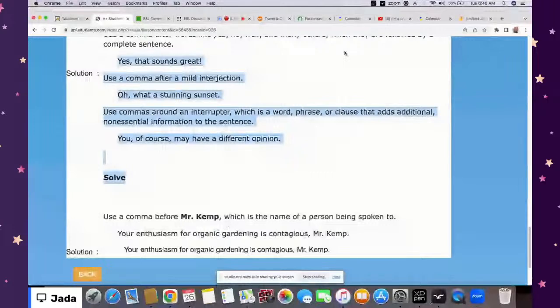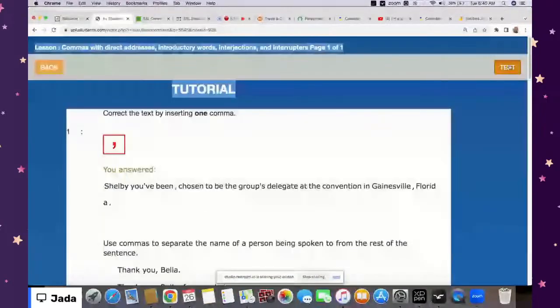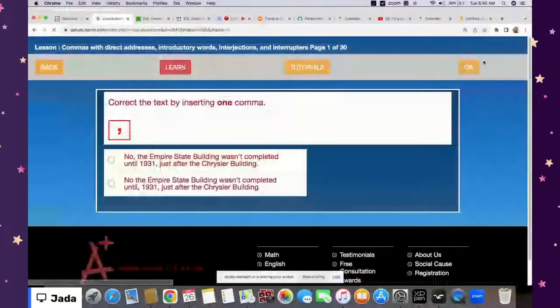Okay, so let's try the test. You can send in your answers. Insert one comma. So what's going to be your answer here? No, the Empire State Building wasn't completed until 1931, just after the Chrysler Building. Is it going to be the first one or the second one?